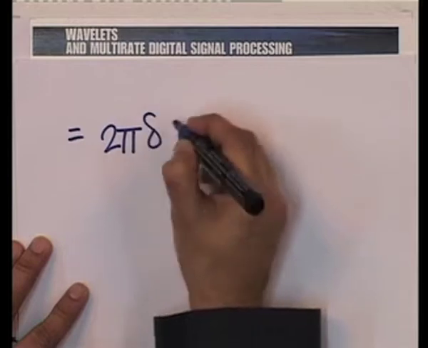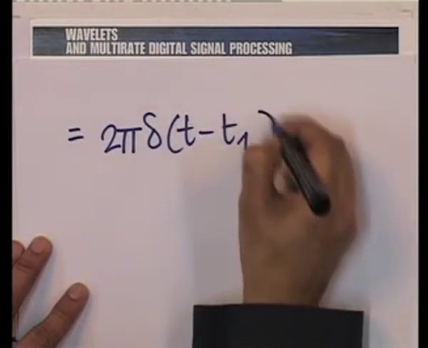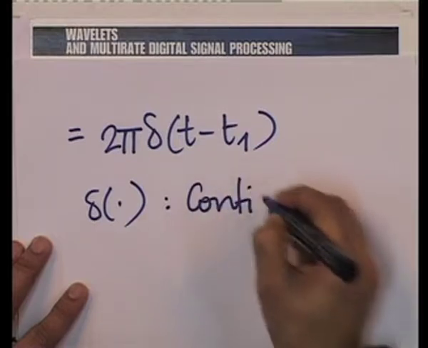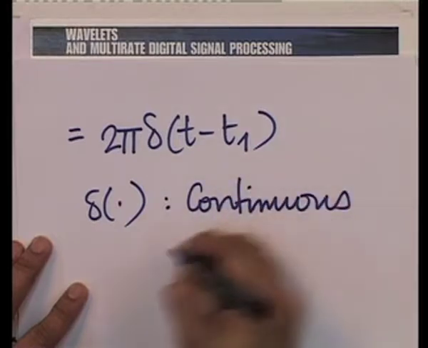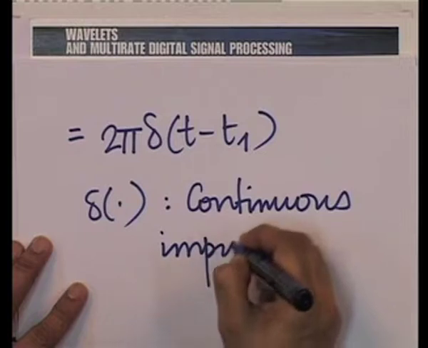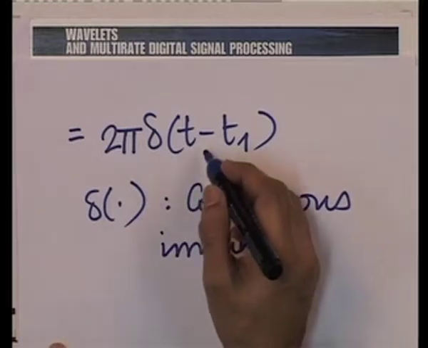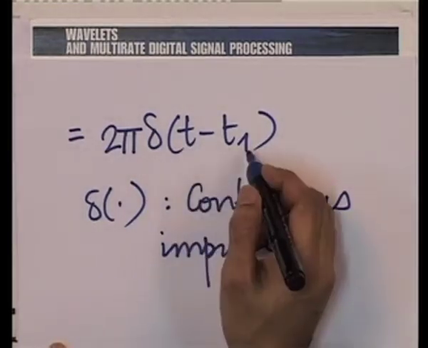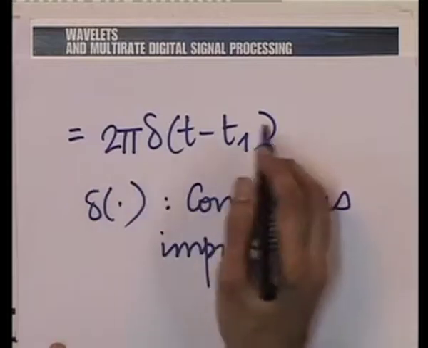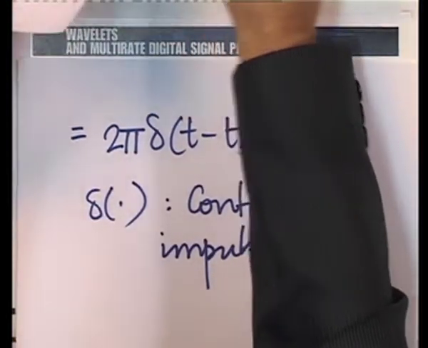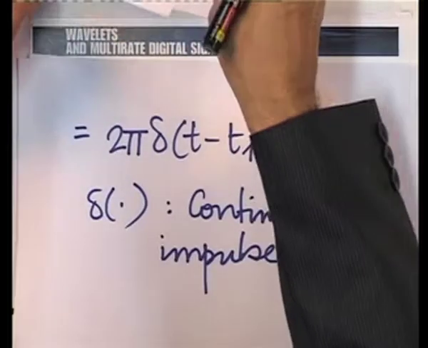So, this becomes 2 pi times delta t minus t1, where delta is the continuous impulse. Unit impulse, if you like. And now I substitute this. So, when I substitute this, one more integral vanishes. So, let me substitute this back into the original integral that I had, the triple integral.